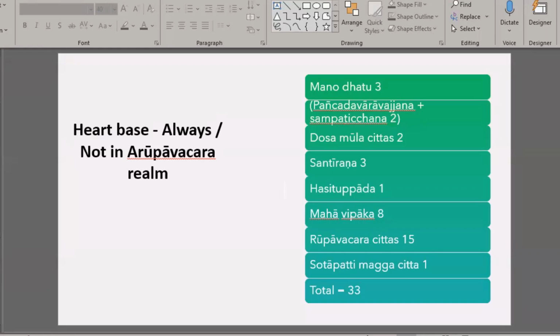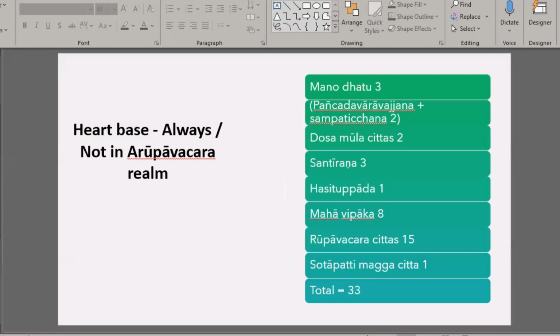Then Mahavipaka. So what are the functions of the Mahavipaka? Patisandhi, Bhavanga, Chuti, and Tadarammana. Patisandhi, or rebirth, is given in the Kama realm. Therefore, Mahavipaka performs the Patisandhi function only in the Kama realm.